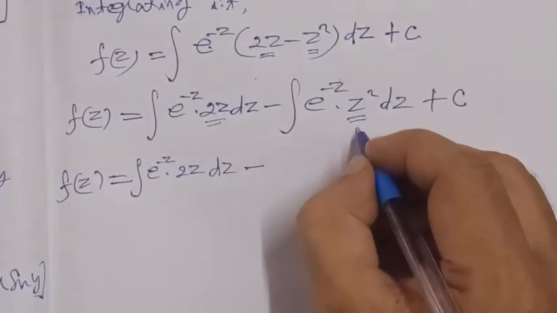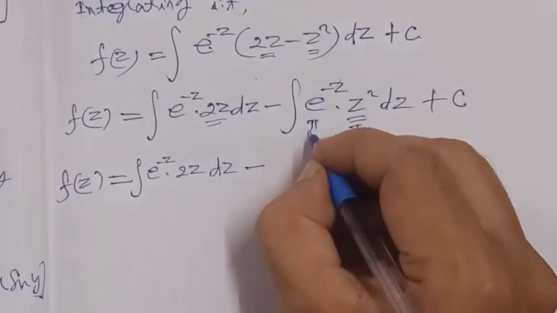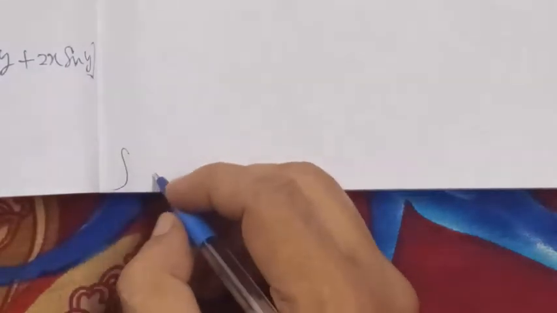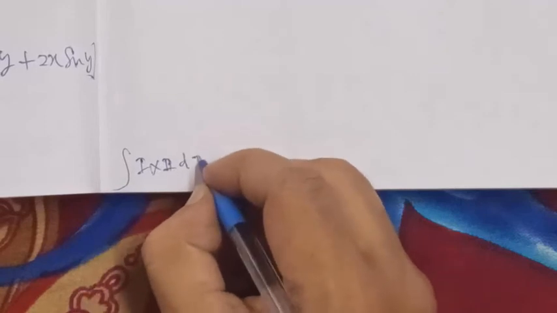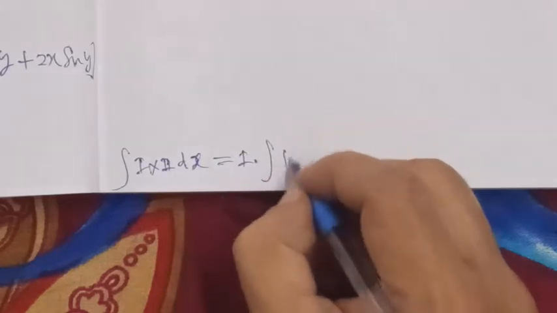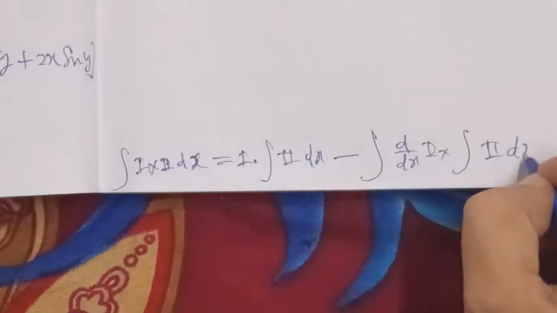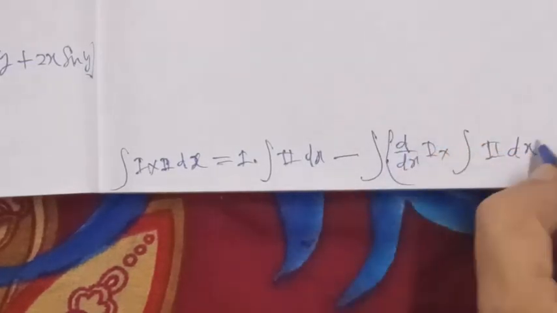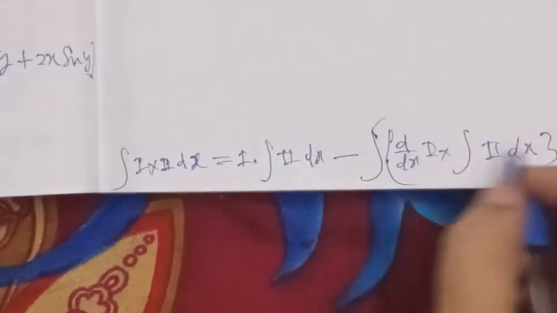So we consider z square as the first function and e to the power minus z as the second function and apply this formula. The integration of the multiplication of first and second is equal to the first function as it is, times the integration of second, minus the differentiation of first and the integration of second, and after multiplying these values we integrate the whole value.